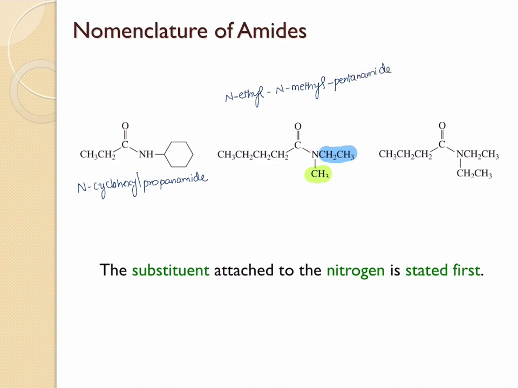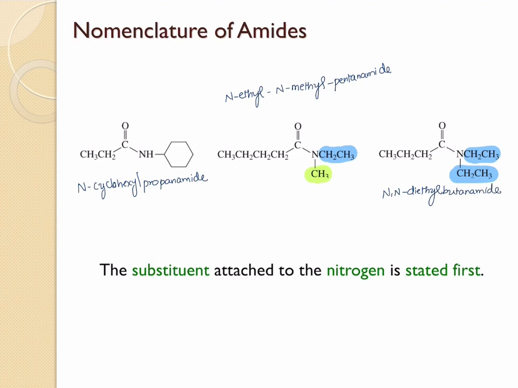Let's go on to the next molecule. The next molecule also has 2 substitutions, but both of these substitutions are one and the same. So in which case you're going to call this N,N-diethyl, followed by the suffix. The suffix here is 1, 2, 3, 4. There are 4 carbons, therefore this should be butanamide.